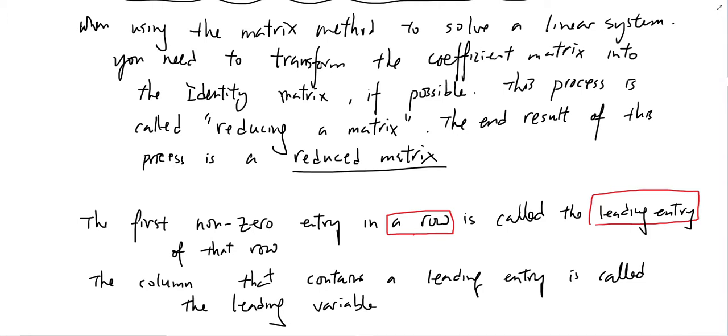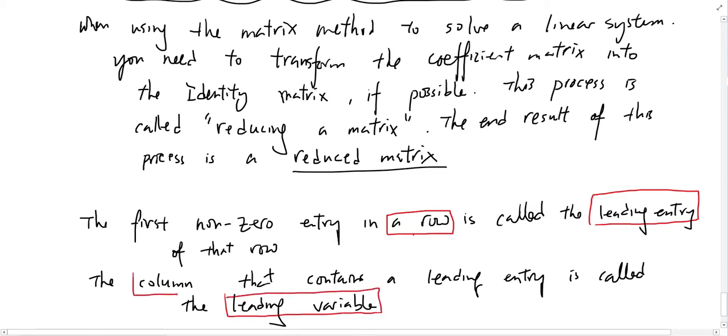Important to understand is that once you identify leading entries, you can also identify what we call leading variables by identifying what columns they are in. But we don't use columns to define a leading entry. A leading entry is always defined by looking horizontally, along one row. That's why it's called the leading entry of that row.